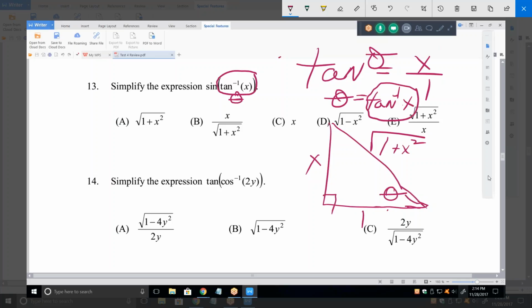That theta is the inverse tan of X. And since our argument with inverse trig functions is always a ratio, we got to make it X over 1. This problem would have actually been easier if they'd have put x over 2 or something, because then I would have known that was x and this is 2. The fact that they make it x, you have to add the 1 in there. The key being that you take inverse trig functions of ratios. Not numbers, but ratios.